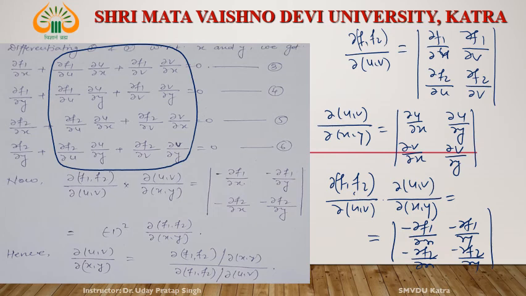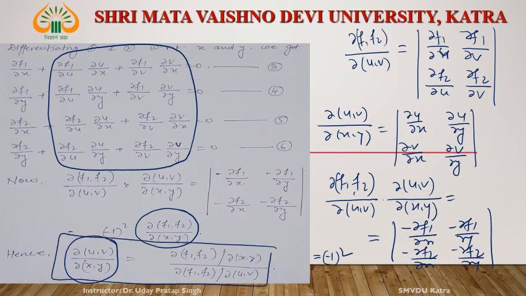And solving this determinant, we got (−1)² ∂(f1,f2)/∂(x,y). Then ∂(u,v)/∂(x,y) is given by ∂(f1,f2)/∂(x,y) with respect to x, y and ∂(f1,f2)/∂(u,v) with respect to u, v. This is the relation. This is the Jacobian of implicit function.